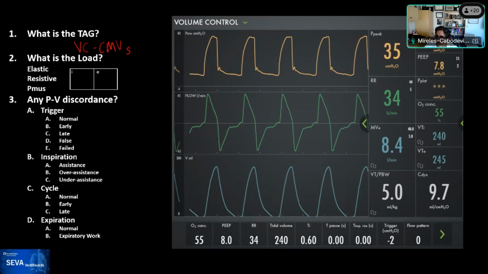So let's think about this. All right, so remember, this is a descending ramp. And so that means that at the beginning, the flow is the highest. So that means that the resistive component should be the highest. So if the resistance is elevated, you should see the peak at the beginning in the pressure waveform. And then at the end, when the flow is the least, that's your elastic load.